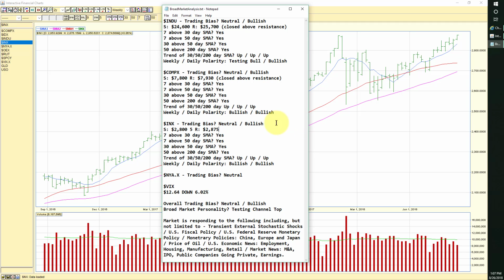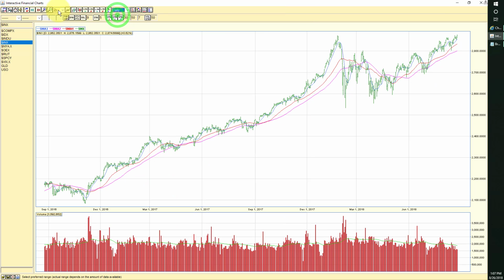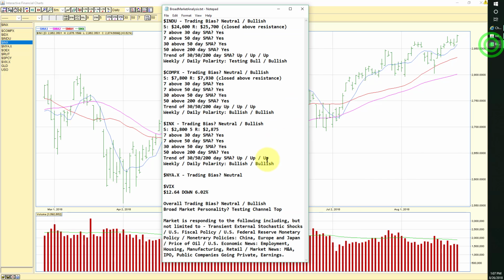So let's watch those numbers carefully as we approach both 2,875 and 2,950. For now, as we are trying to wrestle with 2,875, the 100% retracement, we'll keep our trading bias at neutral bullish until we're clearly above.